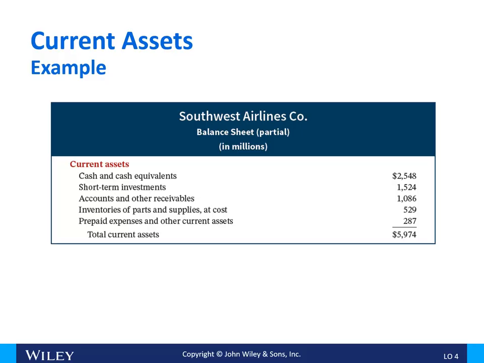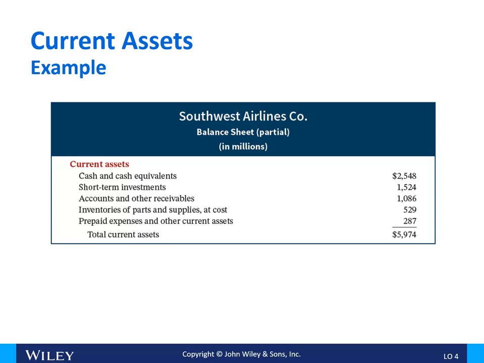How do we list the current assets? In which order do we use? First, we use cash, and then we list them in terms of how liquid the asset is. What that means is how quickly we can turn it into cash. Cash is already cash, so we list that first.